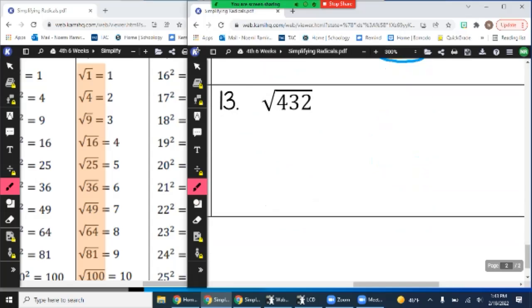Okay. Last one. This one has 10 different sets of factors. 432. Hold on. 1 times 432. Okay. 3 times 144.